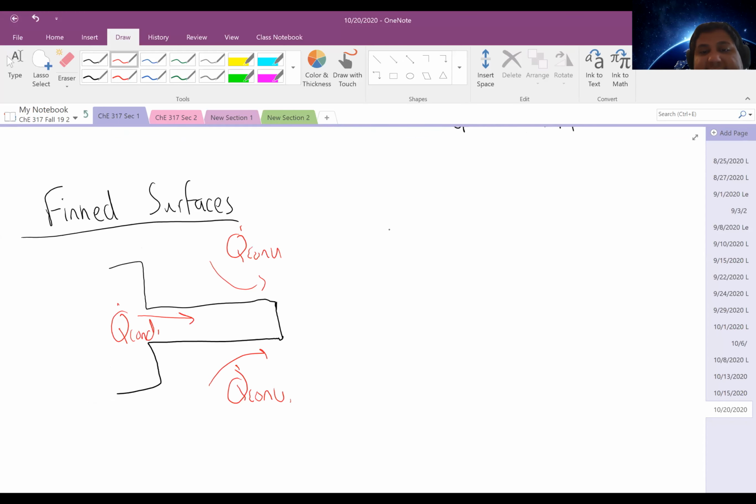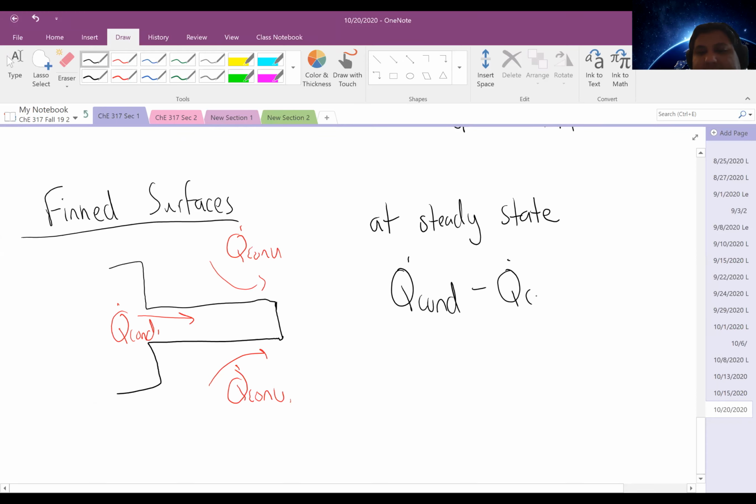And at steady state, this Q convection equals the Q conduction, such that the conduction minus the convection equals 0.